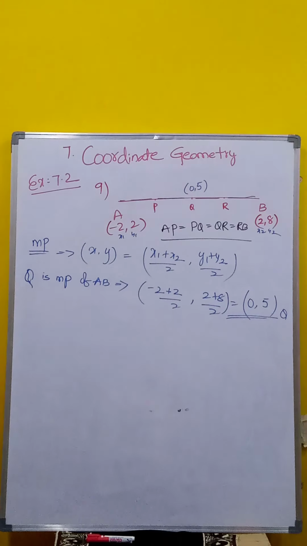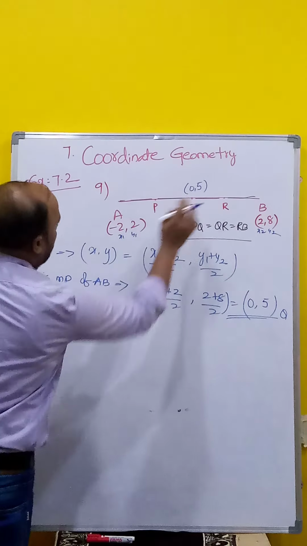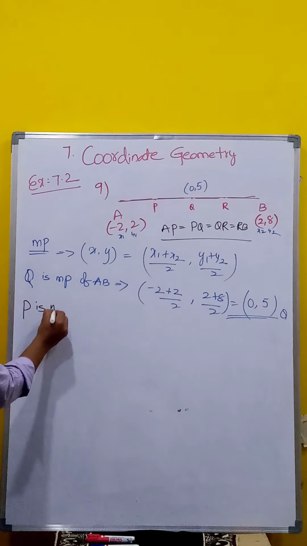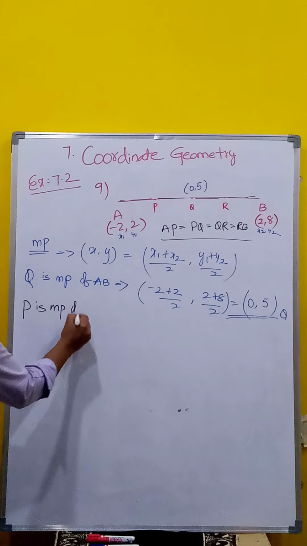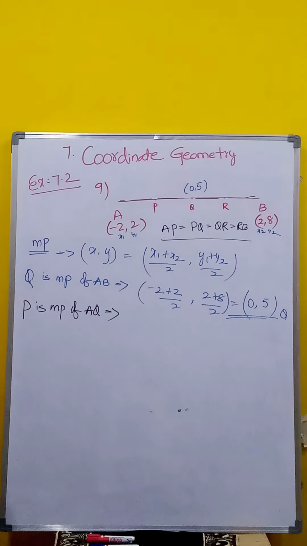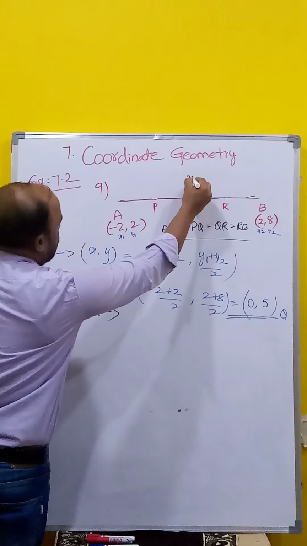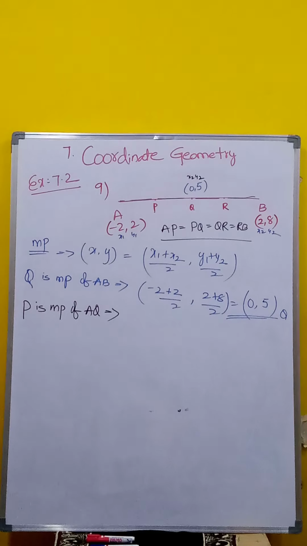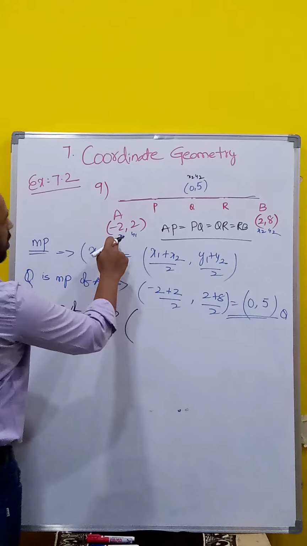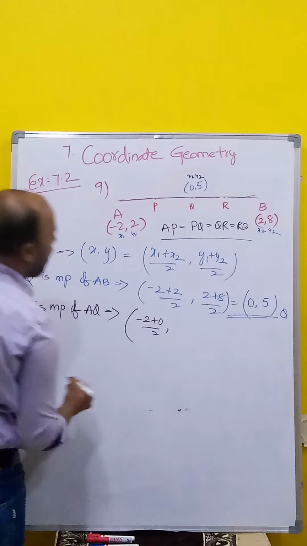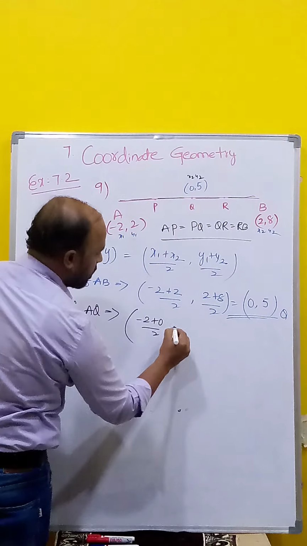Now observe, children. P is the midpoint of AQ. We have to find the P value now. P is the midpoint of AQ, because the Q value you know, and the A value is given already. This you can take as x1 y1 and this as x2 y2. Apply this: minus 2 plus 0 by 2 comma 2 plus 5 by 2.